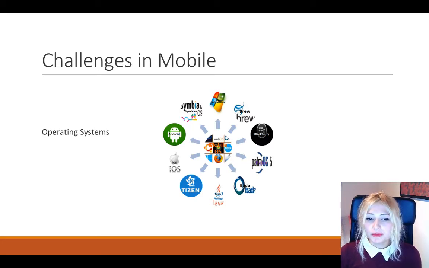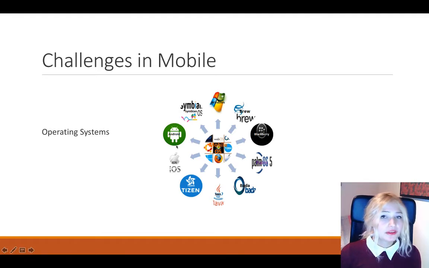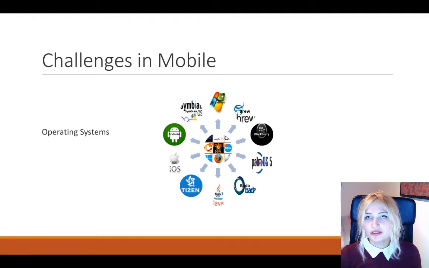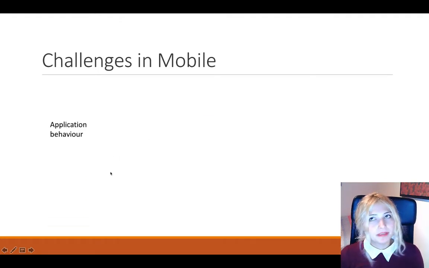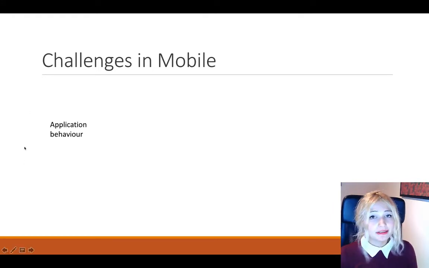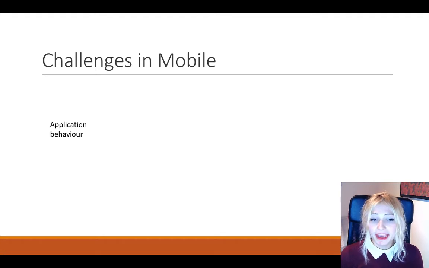You want to make sure that you support specific versions and that your application works on them. For iOS as well, there are a lot of operating system versions. With respect to operating systems, your application may behave differently.